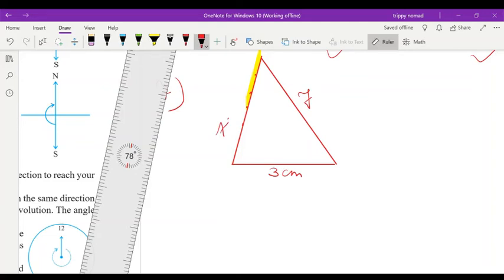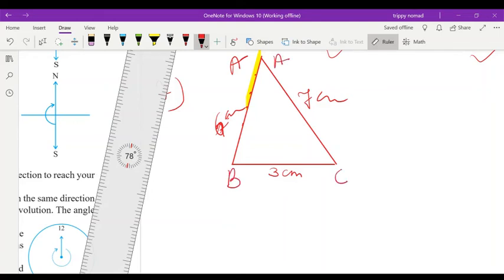Okay, children, so I am writing here 7 centimeter, 7 centimeter, and this is 3 centimeter. This is about 6.5 I have written. So suppose I have written 7 also. You can take 7 also. So I am writing their names A, B, C.